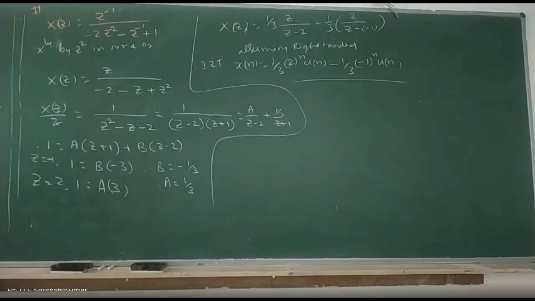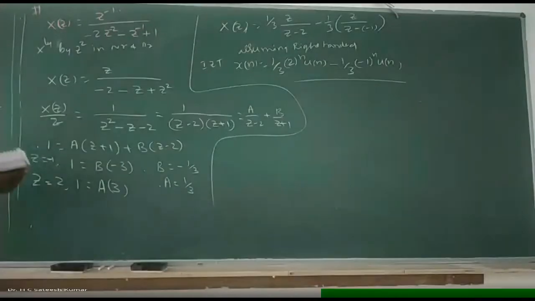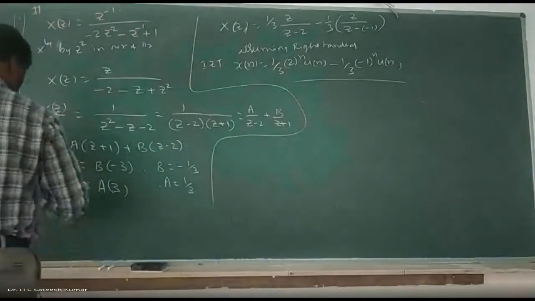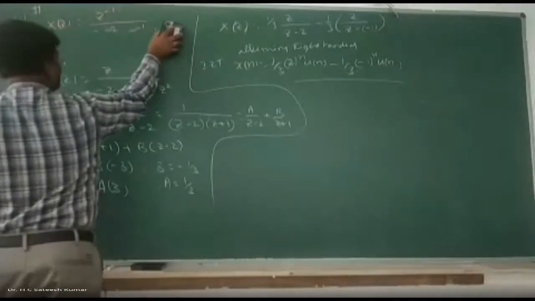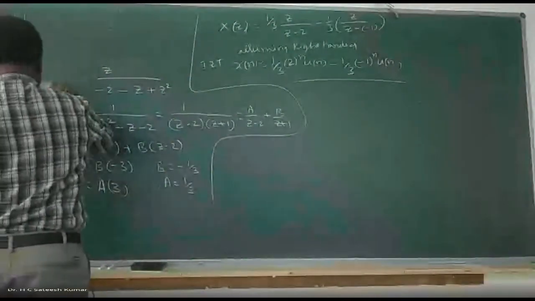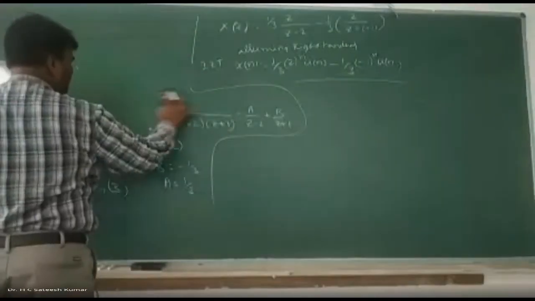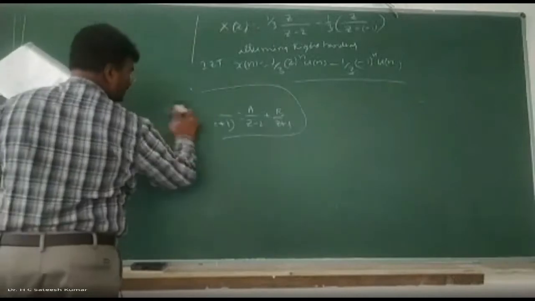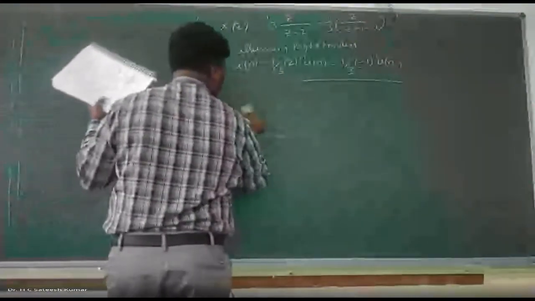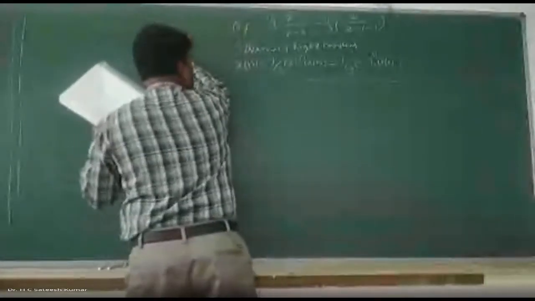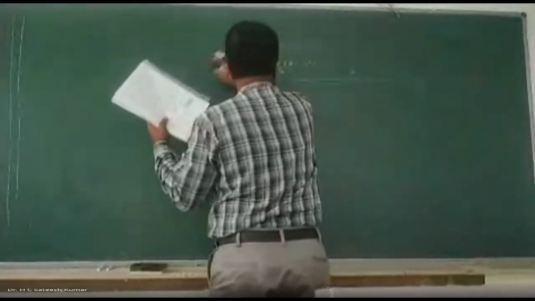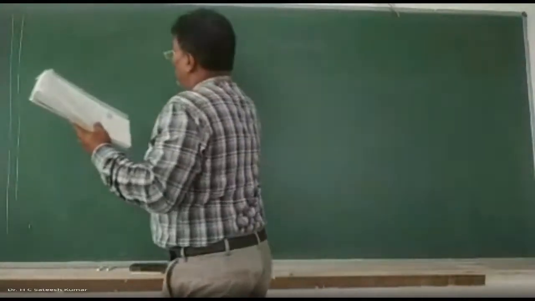Another very interesting problem. To do this problem, you should know the properties of ROC. I gave a list of properties, around nine properties. So recollect that, and also the meaning of poles and zeros, that also I should use. Okay.